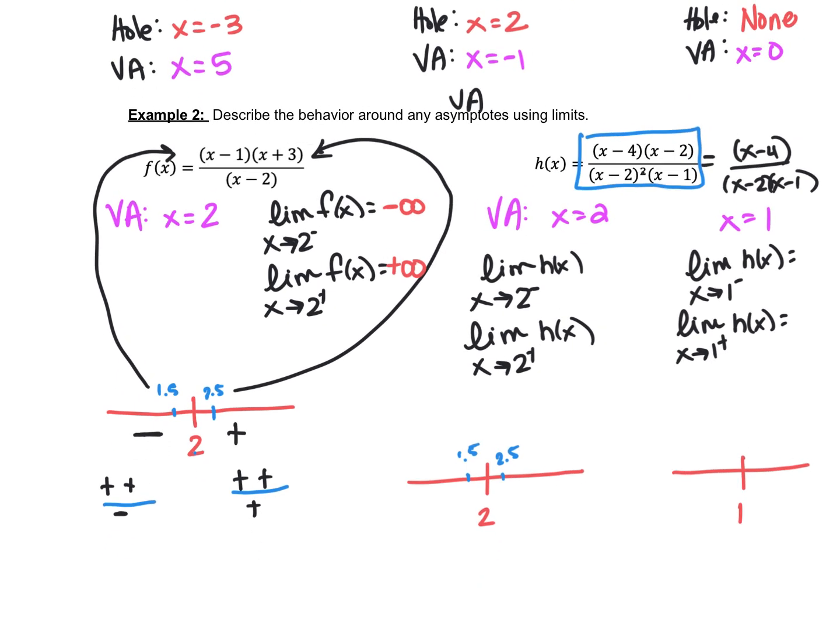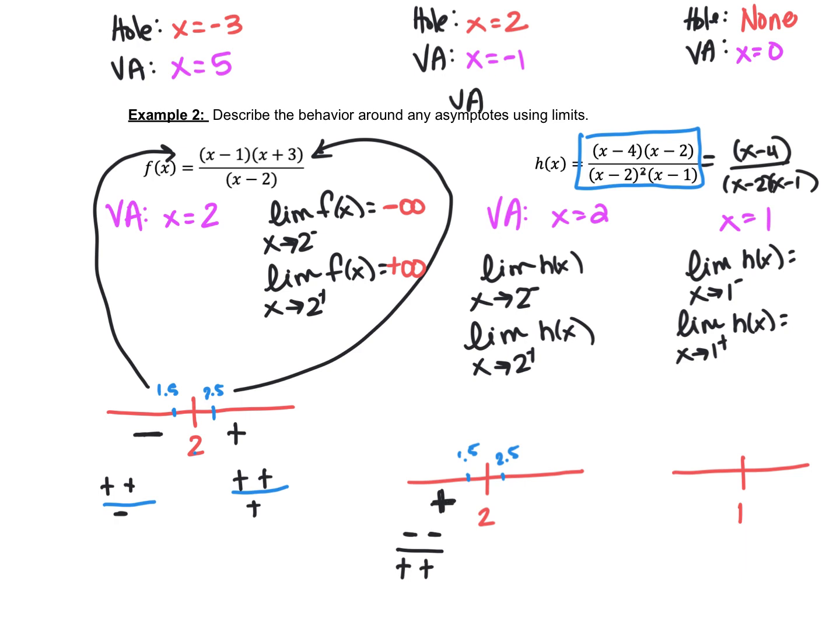And so if I do that, 1.5 minus 4 is going to give me a negative. 1.5 minus 2 is going to give me a negative. 1.5 minus 2, but I have to square it. Anything I square is always positive. And 1.5 minus 1 is going to be a positive. Now, tricky right here. What's a negative times a negative on the top? It's a positive. Positive divided by positive is a positive.